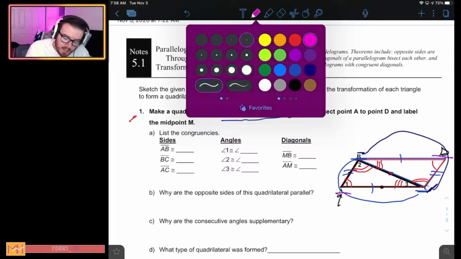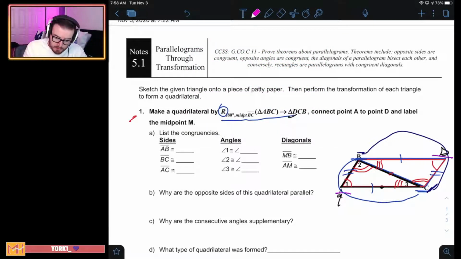So we've created a four-sided shape with some really interesting properties. So what do we know? AB is congruent to DC, and BC, of course, is congruent to itself. And we know that AC is congruent to DB, sorry.